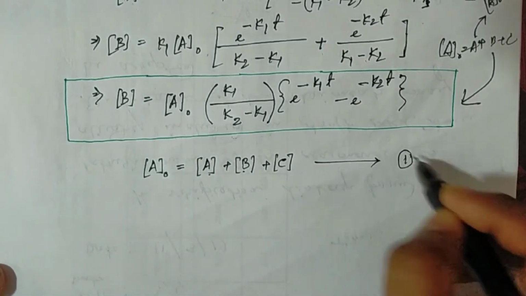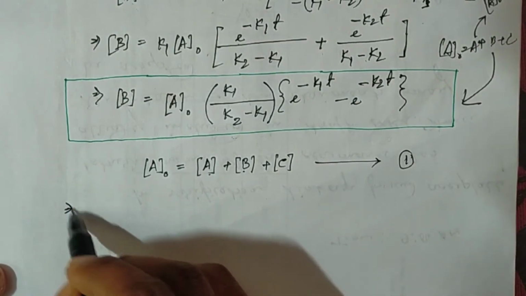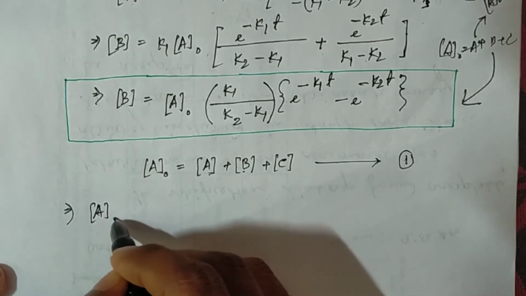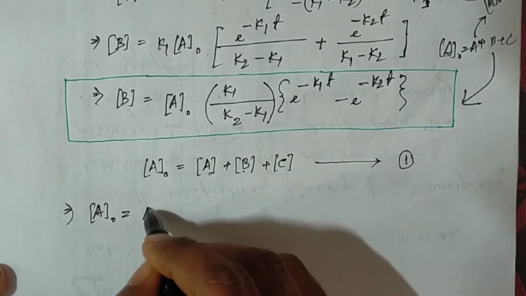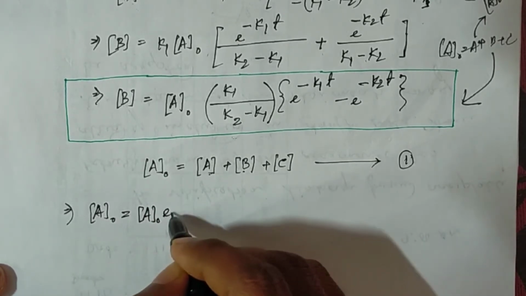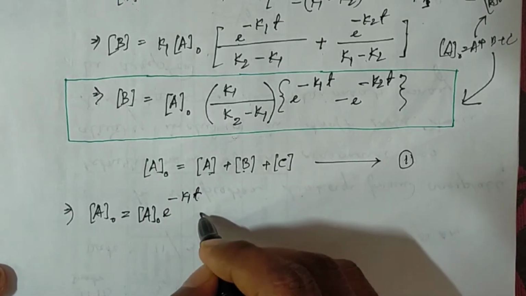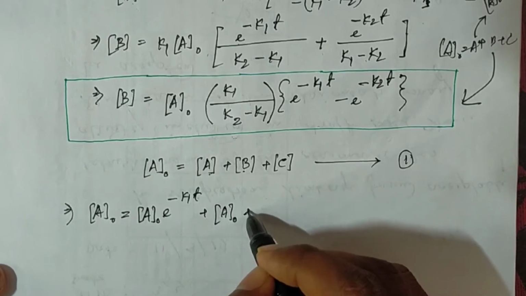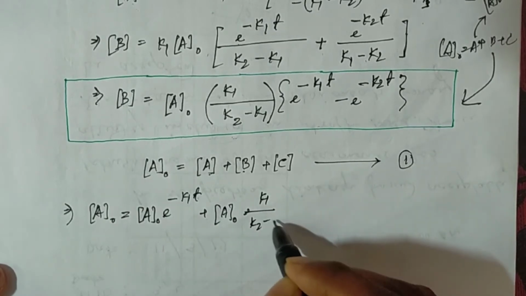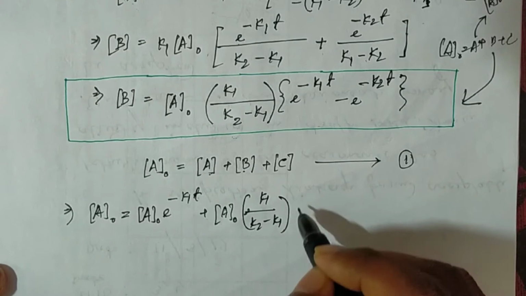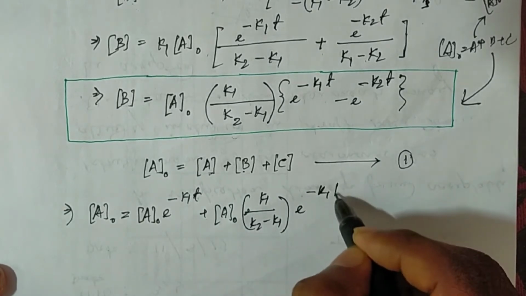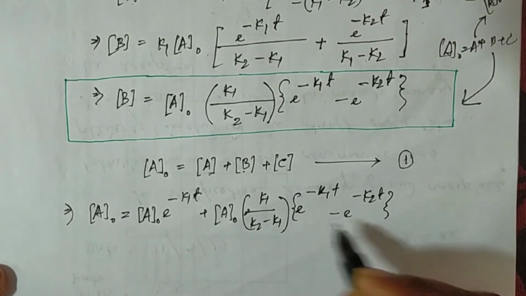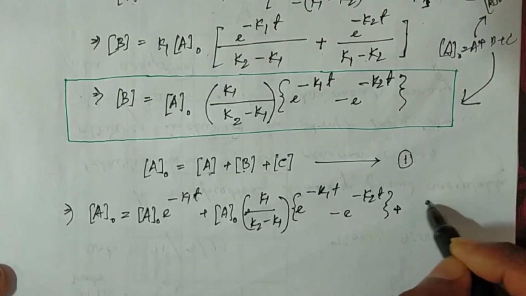This was the first equation, and after putting a and b value, we will get a naught is equal to a naught e to the power minus k1t plus a naught, this b value, a naught k1 by k2 minus k1 times e to the power minus k1t minus e to the power minus k2t, and here it is c.